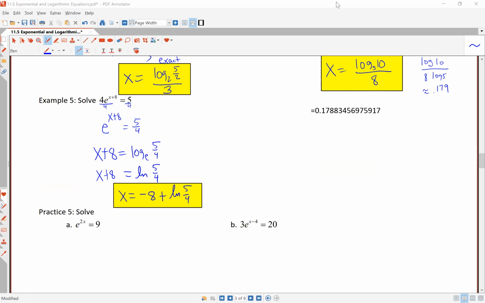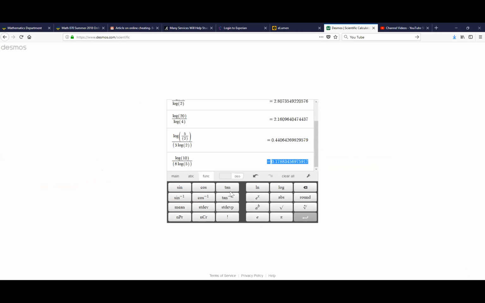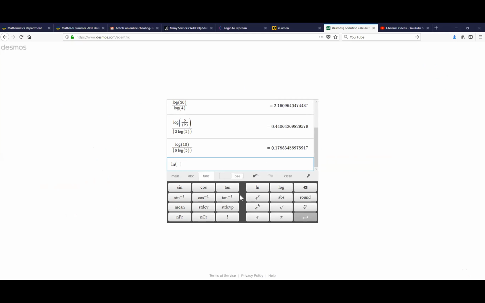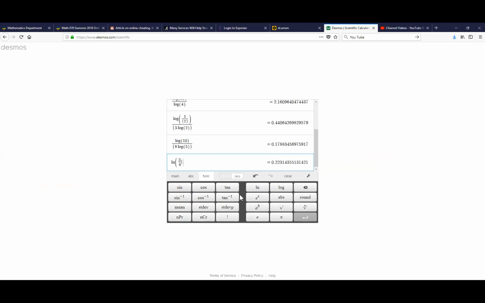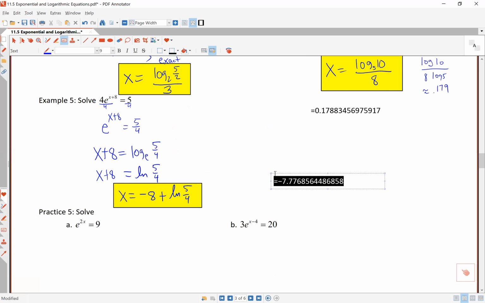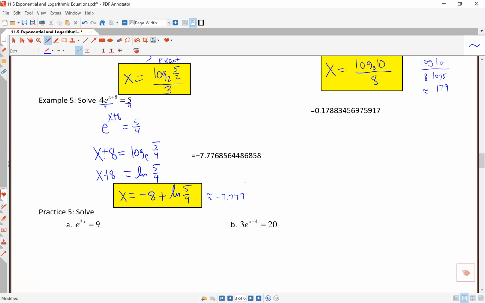So if we were asked to estimate this, we would say the natural log of 5/4, and that's then taken from 8. And so we get around -7.777.